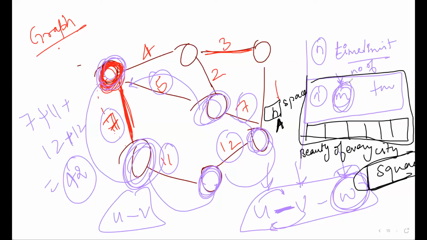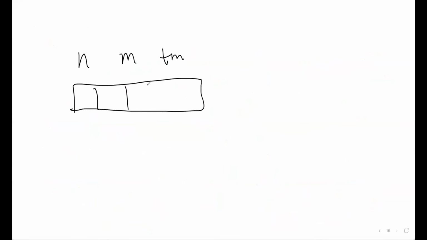After that, you have M lines, details about roads. So the input is given N, M, and the total time limit. Then you have the next line with N integer values which tell you about beauty. And next you have M lines, 1, 2, up to M lines. So these M lines give you details about roads.